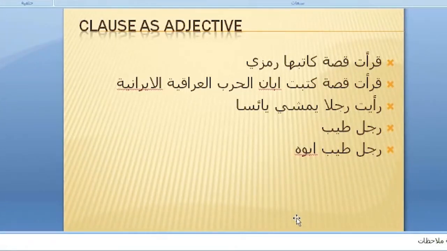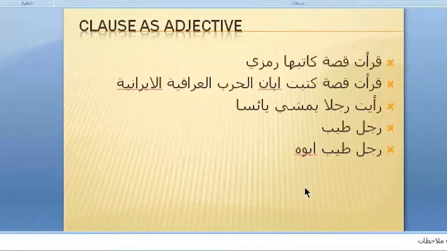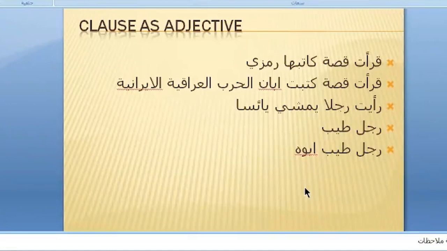الآن أريد أترجم إلى اللغة الإنجليزية. What should I say? ماذا أقول؟ بما أن عندي جملة تشتغل كصفة، يا جملة باللغة الإنجليزية تشتغل كصفة. What is the type of the English sentence that functions as an adjective? In English we have what? We have a relative clause. A relative clause can function as an adjectival clause.